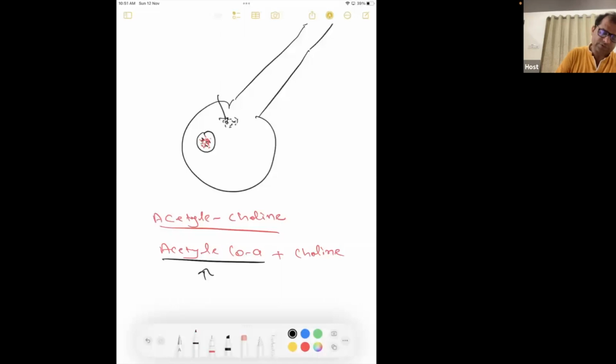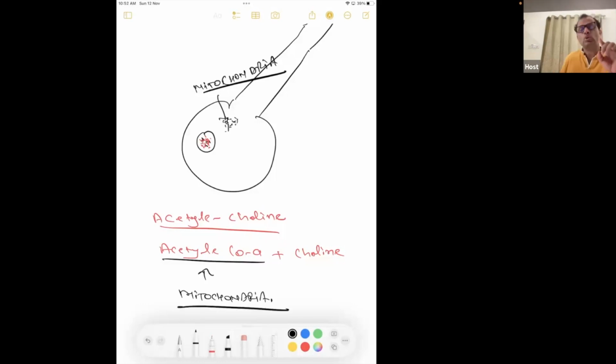Mitochondria is the energy engine. This is a theoretical part, but we have to have the full idea. So mitochondria produces this acetyl CoA, and choline is coming from outside.